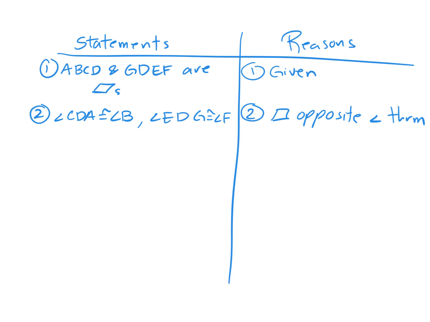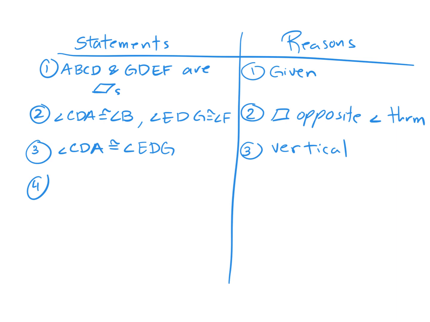Now that we proved that, we can say that angle CDA is congruent to angle EDG because they are vertical angles, right? Now, I don't know if you guys noticed, we can substitute those angles with angle B and angle F. So for the fourth step, we can say that angle B is congruent to angle F by substitution.